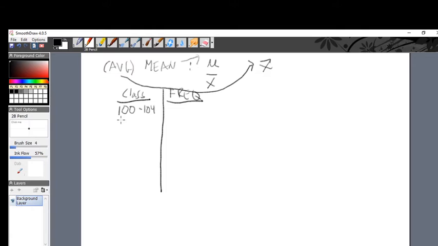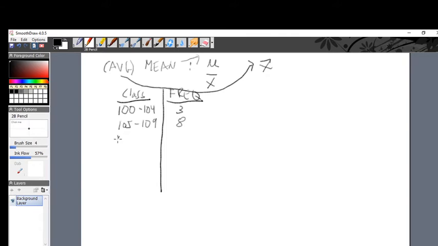So between 100 and 104, there are, let's say, three people. Between 105 and 109, you can see this one goes up to 4 and this starts from 5 to 9, let's say there are 8 people.